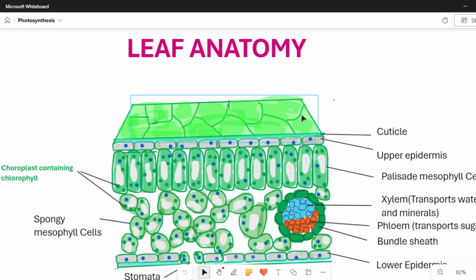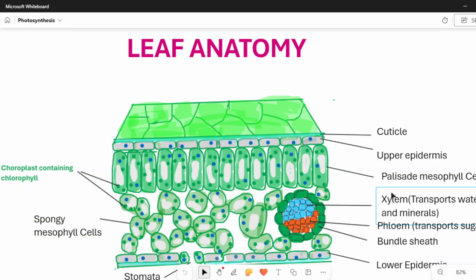Okay. The leaf surface is exposed directly to the sunlight, so it could dehydrate the leaf. So to protect it from dehydration, it has a waxy layer covering the surface. That waxy layer is called the cuticle. Then we have these cells called the upper epidermis, which protects the internal structure of the leaf.